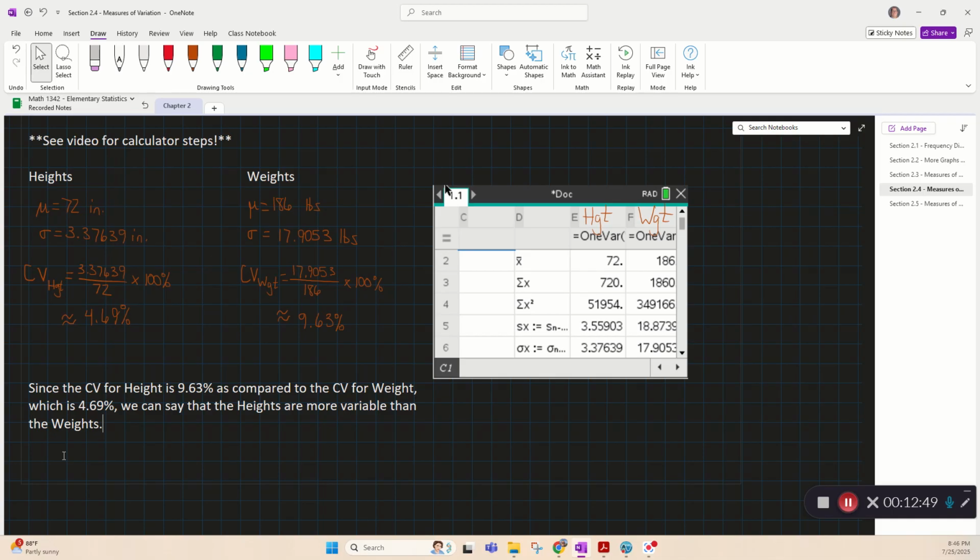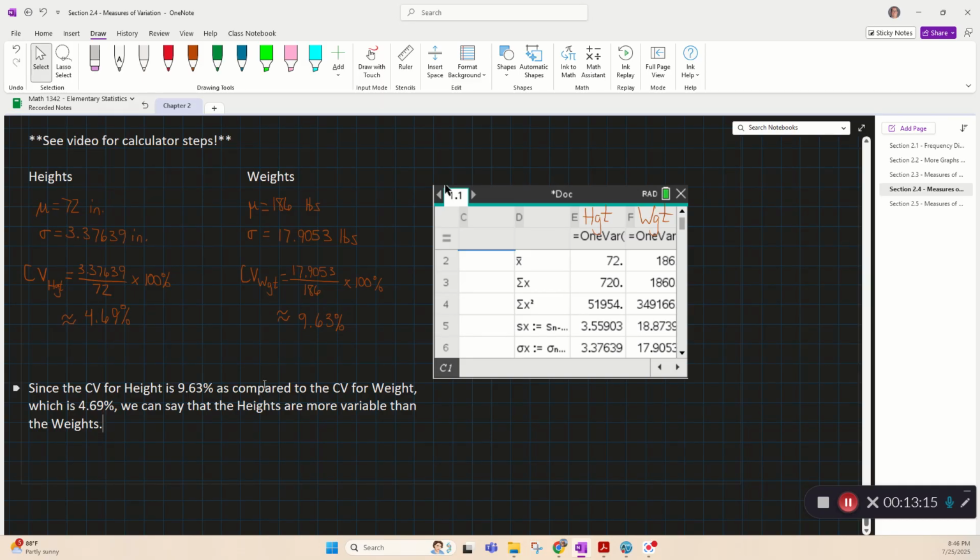The higher the coefficient of variation, the more variable the data. The weights had a higher coefficient, therefore the weights are more variable than the heights. So that's what coefficient of variation tells us. It tells us which data varies more than the other.